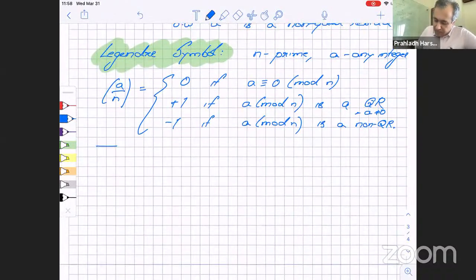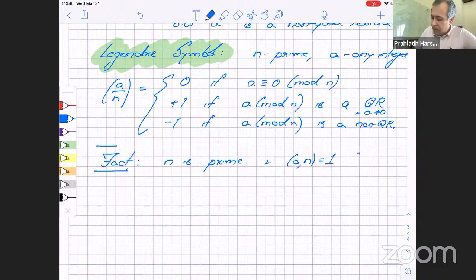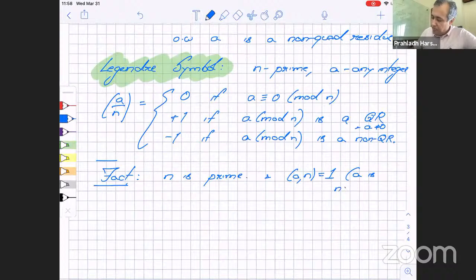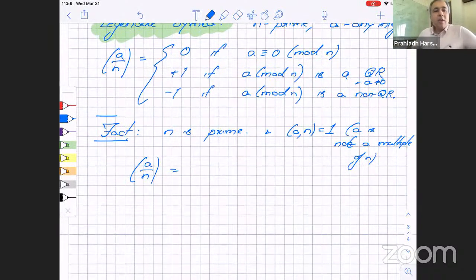But I want to say there's a nice observation. Let's call it a fact: if n is prime and A is co-prime, A is not a multiple of n, there's an easy way to check if a number is a quadratic residue or not.